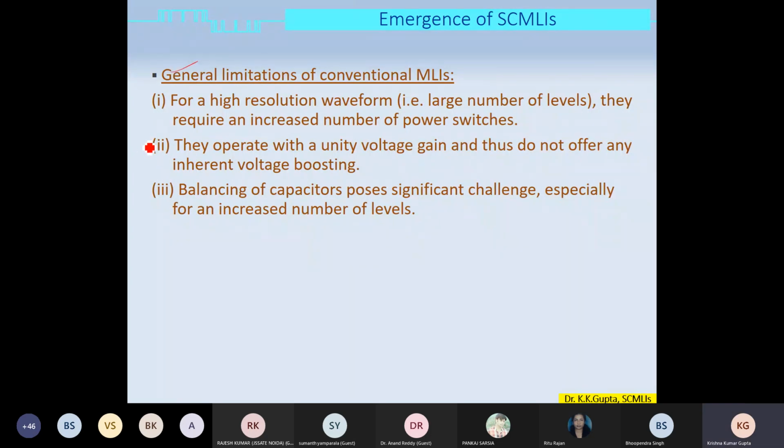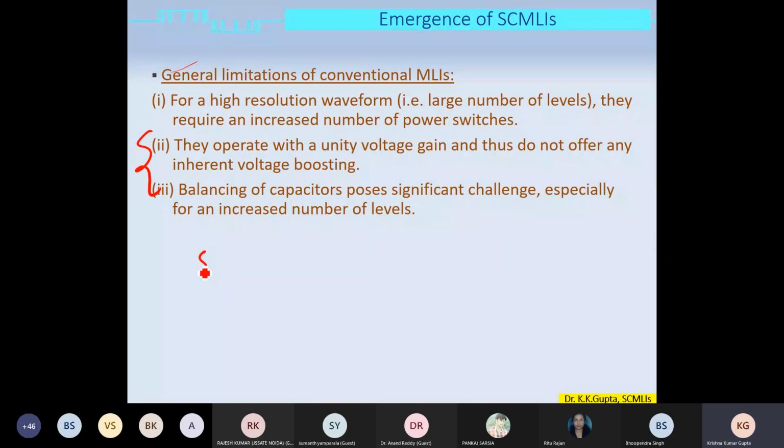From our perspective today, these two are the main limitations of the conventional MLIs. Now, one important limitation is that they operate with unity voltage gain. If I have an input voltage of, let us say, VDC, then the peak value of the output will also be VDC. So there is no inherent voltage boosting.